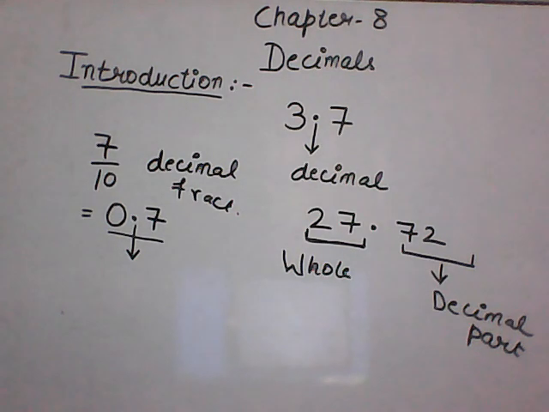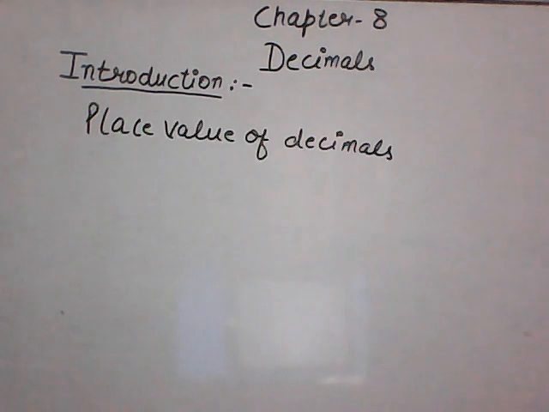Now, let's come to the place value of decimals. In the decimal system, the place value of the whole number part increases in powers of 10 from right to left. The place value of the decimal part decreases in powers of 10 from left to right.